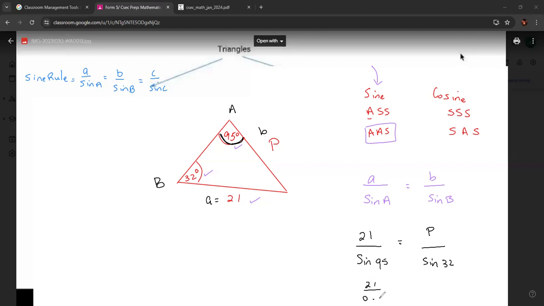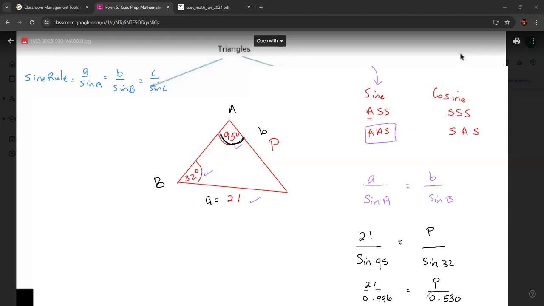So we'll have 0.996, and then P over sine of 32, I got 0.529, so I round it off to 0.53. Again, you might get a slight variation because when I rounded off this one to 3 decimal places, I got 0.530.